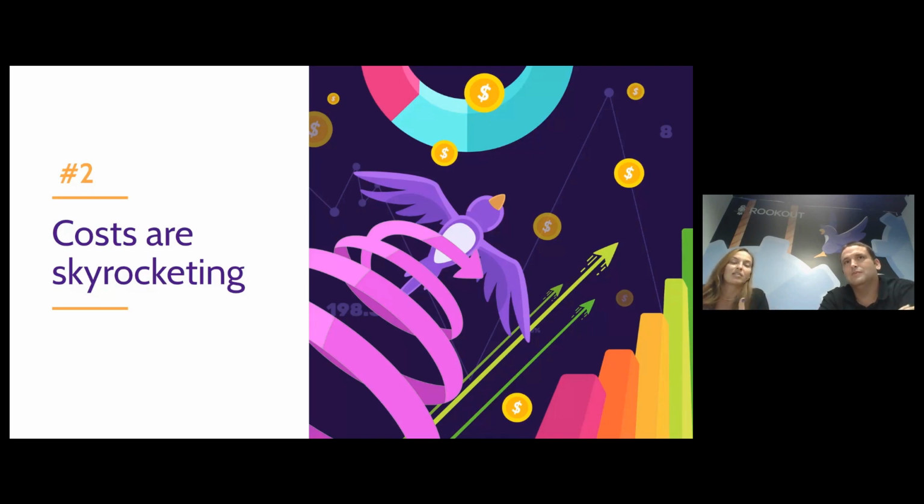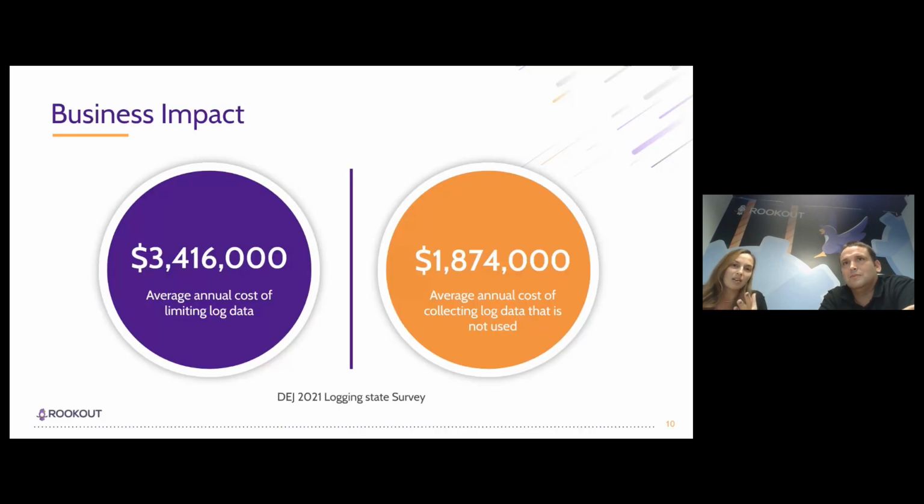And why is that? This is a very strange, paradoxical phenomenon. On the left-hand side, we see that the average annual cost of limiting log data is accumulating to a loss of $3.4 billion. And why is that? Whenever there's a bug and we look for its root cause, we go and reproduce the problem in staging.